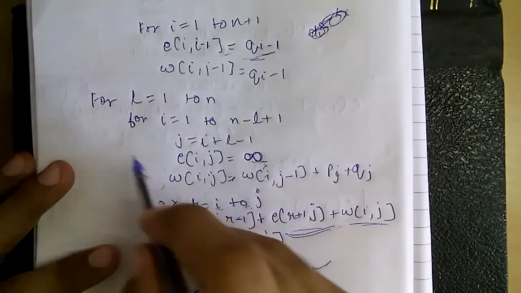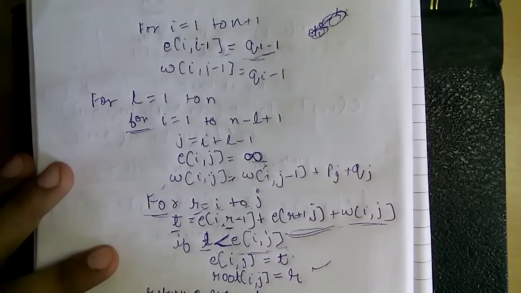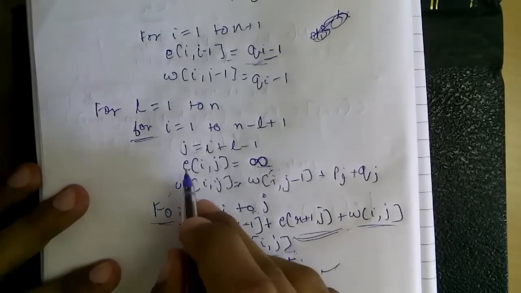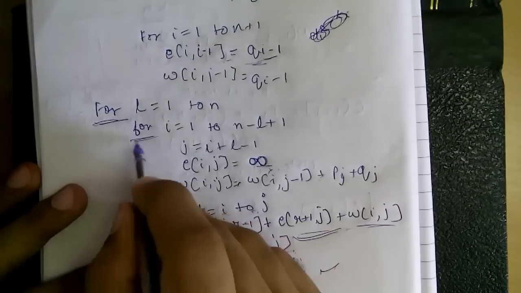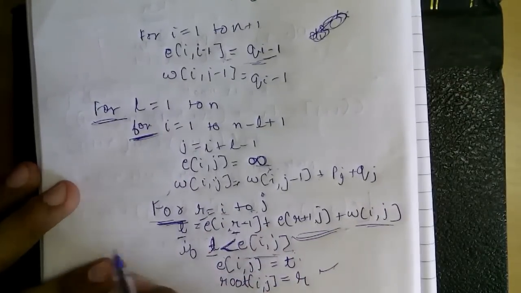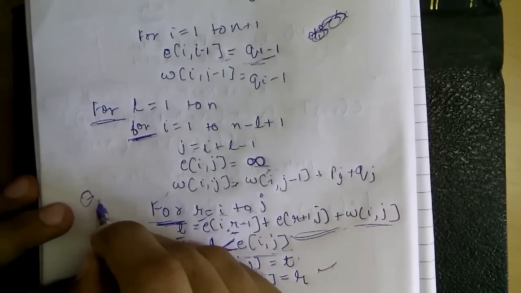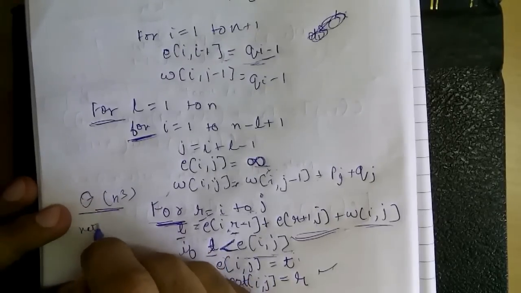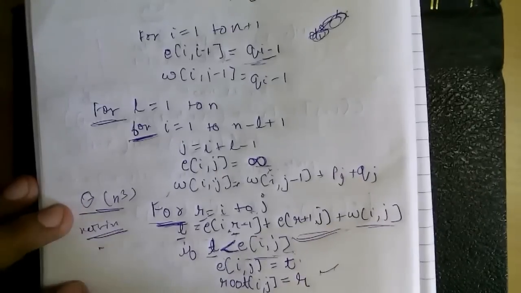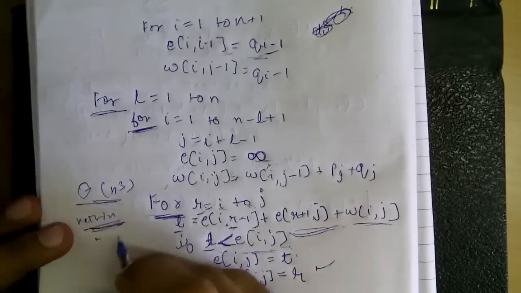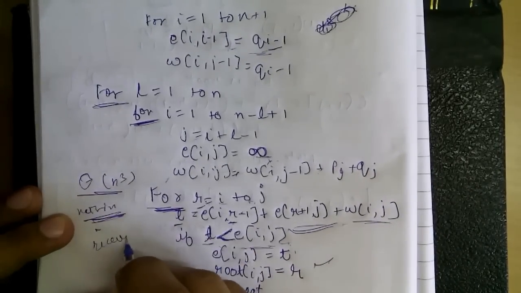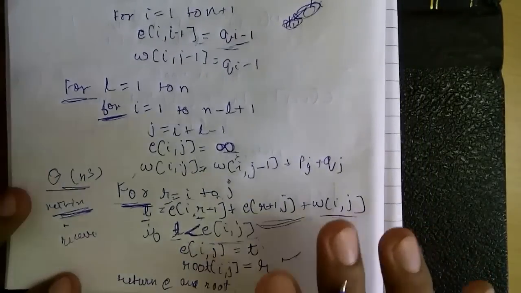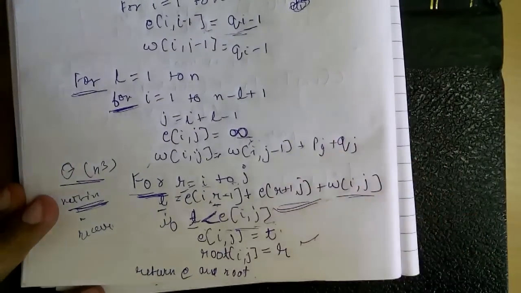It will run as there are 3 for loops, so it will take the same time as that of matrix multiplication, and still it is the best time as compared to the recursive solution of this. So that's all in the optimal binary search tree. See you next time.